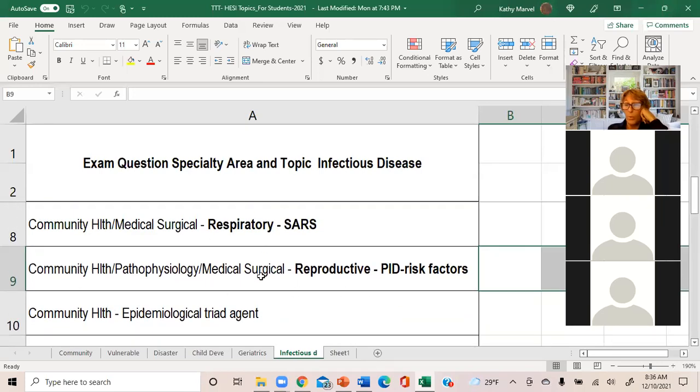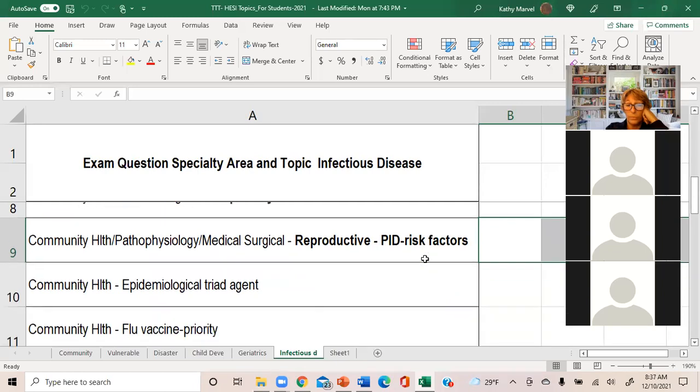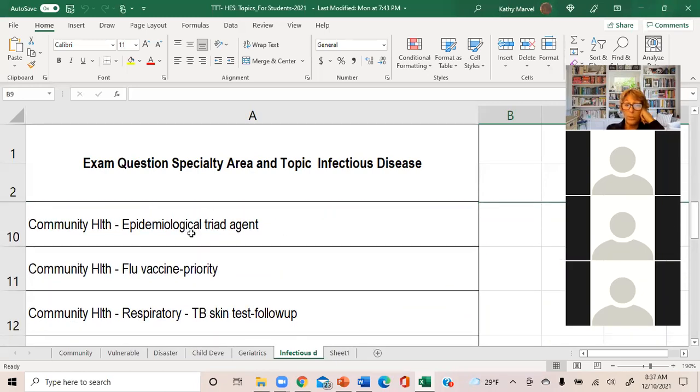Again, we're bringing a lot of med surg stuff in here. Reproductive, pelvic inflammatory disease. What are the risk factors for those? And then your epidemiological triangle. Maybe they could ask what are the three components of the triangle?